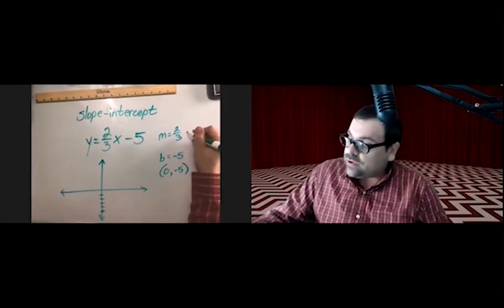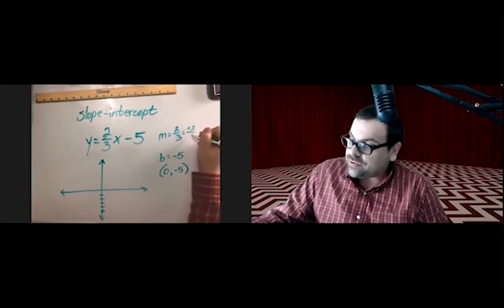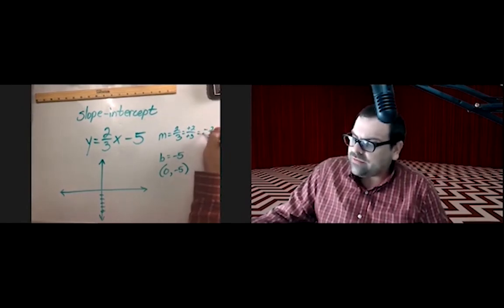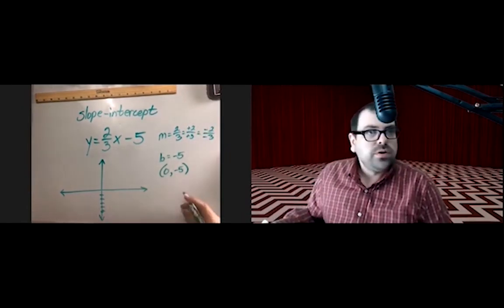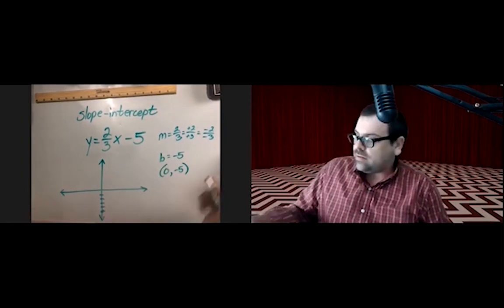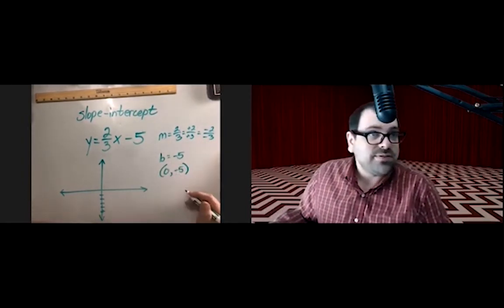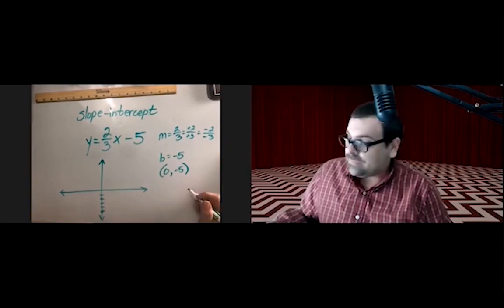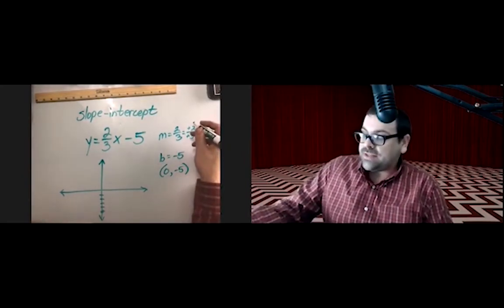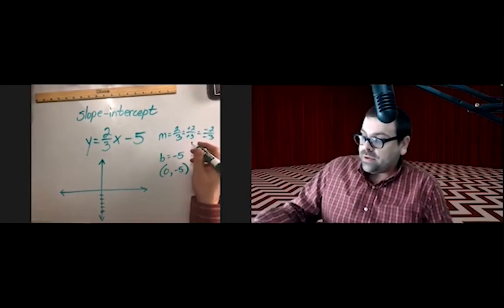A slope of 2/3 is either +2 over +3, but it could also be -2 over -3. Negative over negative, that's positive as well. So positive would be up and right.